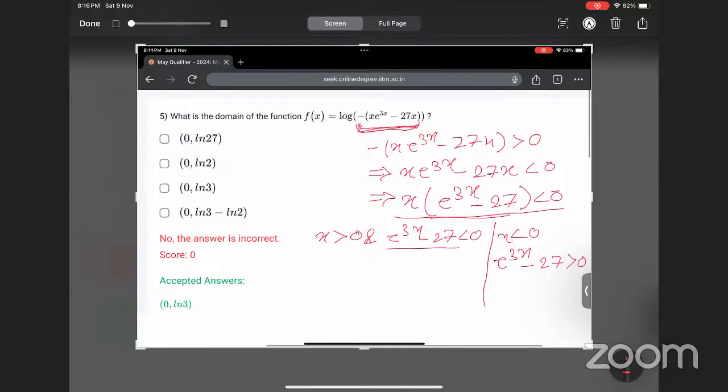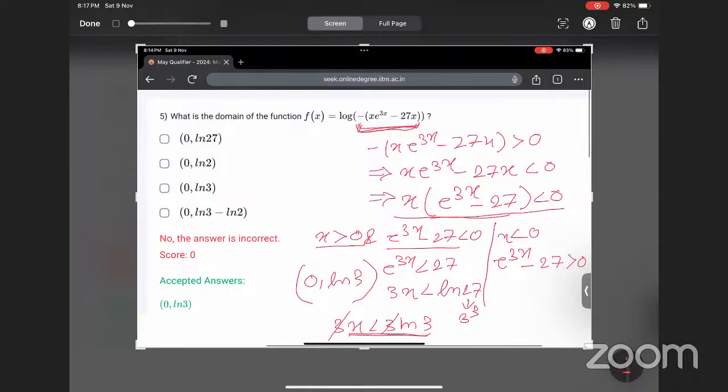So from here, what can we imply? e^(3x) will be greater than 27, right? 3x will be greater than ln 27, right? What is 27? 3 cube, right? Yes, ma'am. So this will be 3x greater than 3 ln 3. Is it clear? Hence, x will be greater than ln 3. So x is greater than 0 and x is greater than ln 3. That means x greater than ln 3.